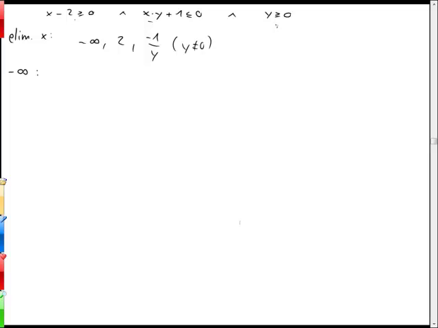Yeah, this is the idea of minus infinity. You can always find a small enough number fulfilling this constraint. But if we take minus 1, then it's already not fulfilled. So this constraint, y greater equal 0, is conflicting with this test candidate.